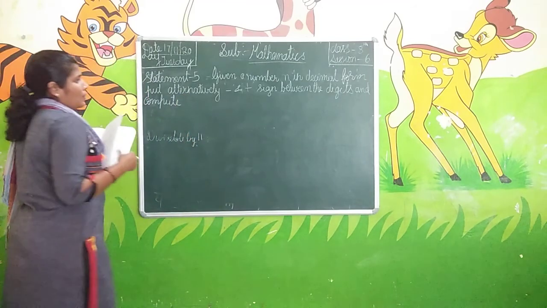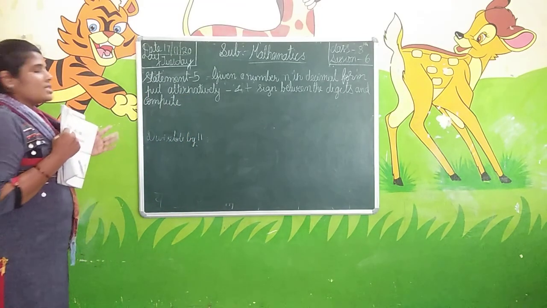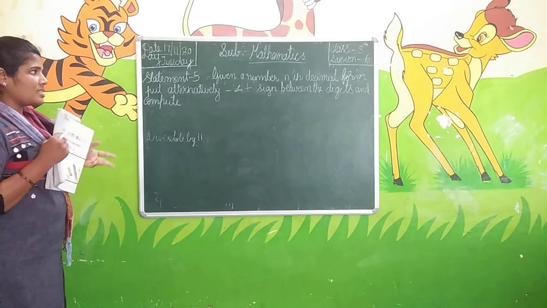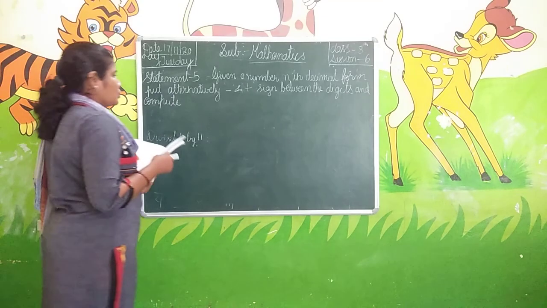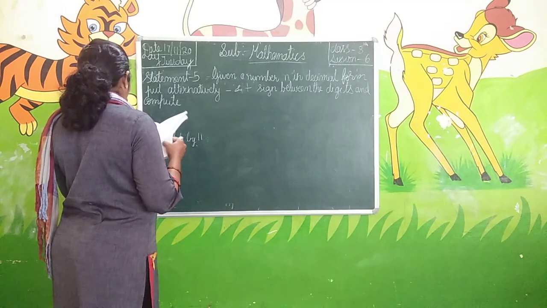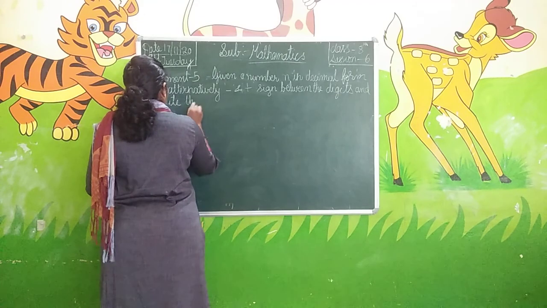Okay, we have to take the number. For the given number, we have to add the symbols, plus and minus, alternately. After getting the result, from that we should know whether it is divisible by 11 or not. Compute the sum.